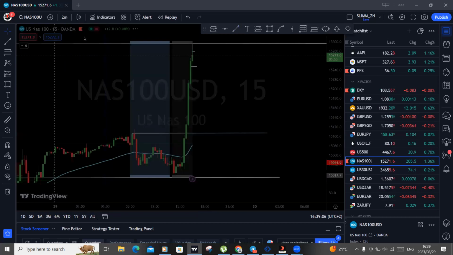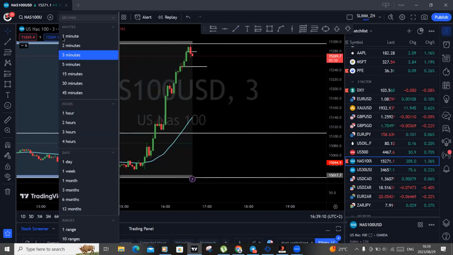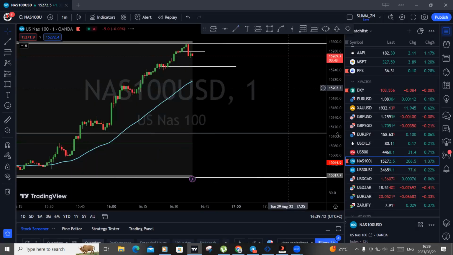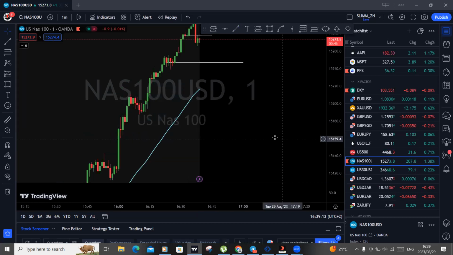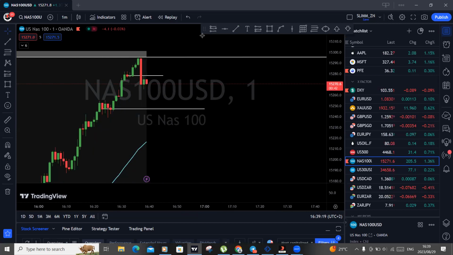So what do we have there? Break and a retest of a zone. So here's the thing, if this zone is not broken, it means the high is locked.